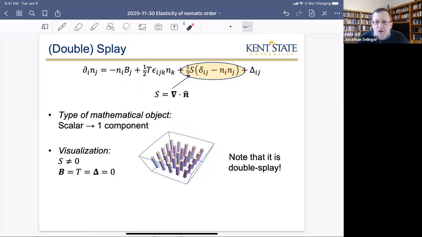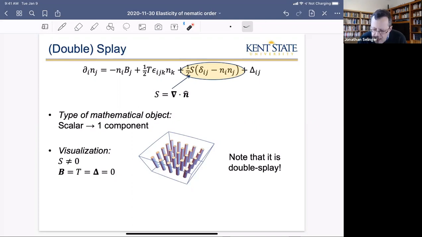Okay, so this is a situation where the director is tipping outwards as you go away from the central axis. Okay? So if I go out in the x-axis, the director tips over in x. If I go out in the y-axis, the director tips over in y.